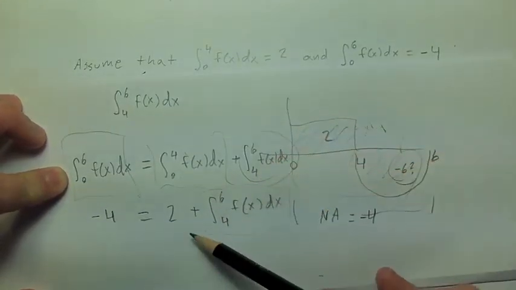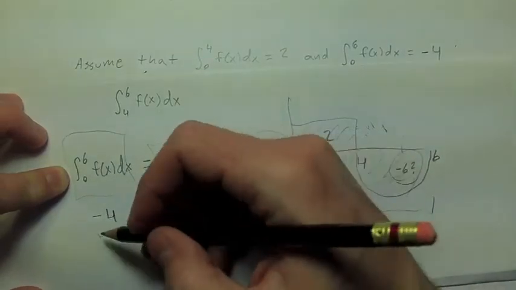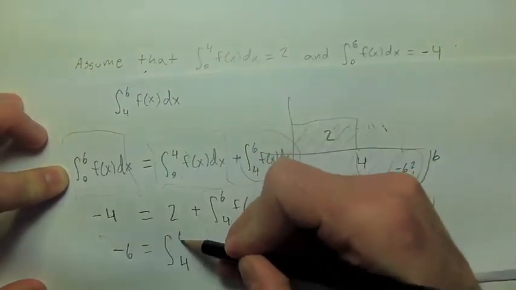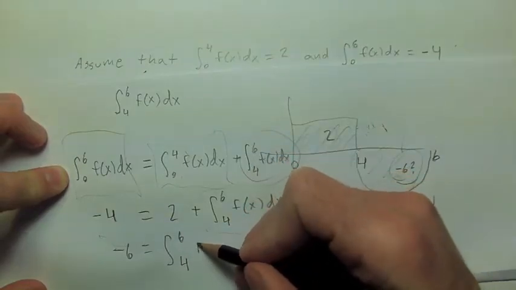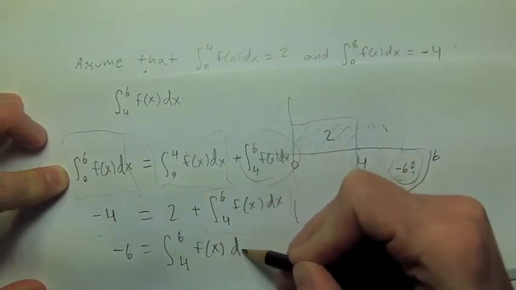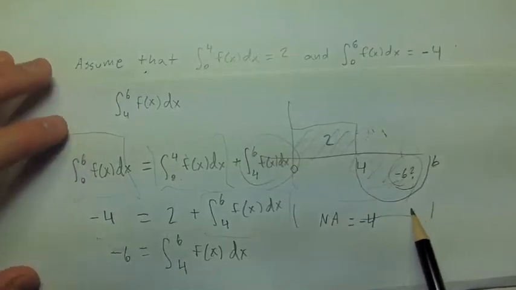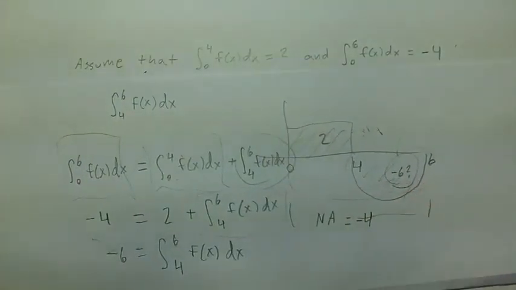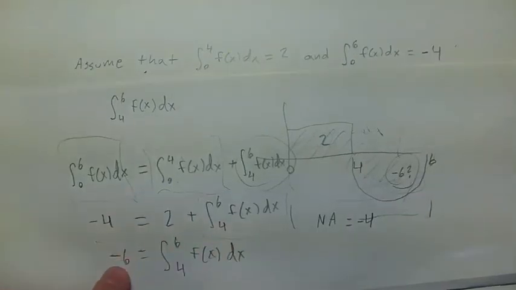And then if I move this 2 over, I get negative 6 is equal to this integral from 4 to 6 of f of x dx, which is exactly what we established using this.